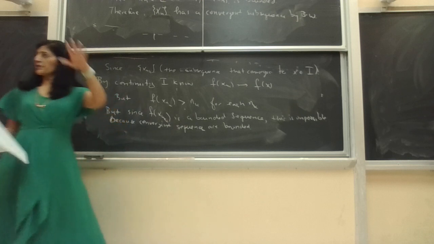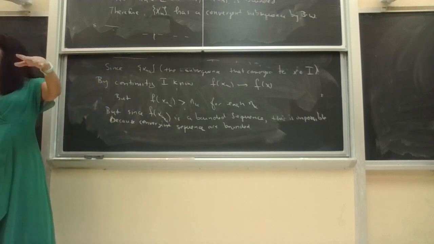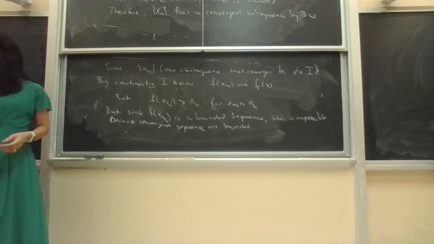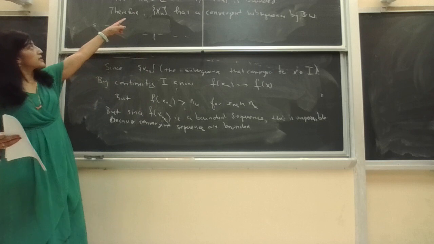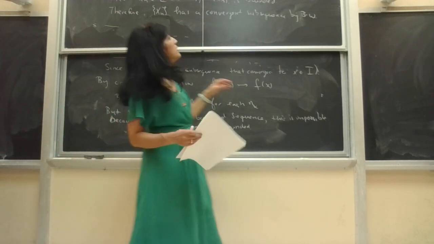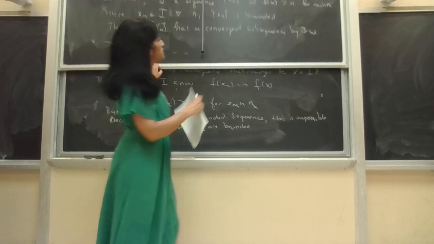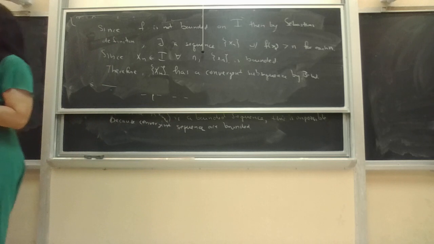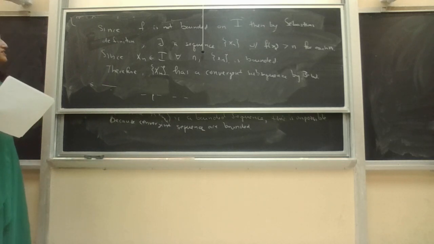The y values form a convergent sequence. And since they're convergent, they have to be bounded. Then how do we know that f of x_nk is greater than n_k? That's how I generated this sequence above, right? Oh, okay, it should be f of x_n right there, subscript, right? I didn't add the subscript.